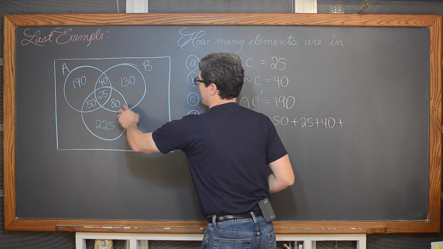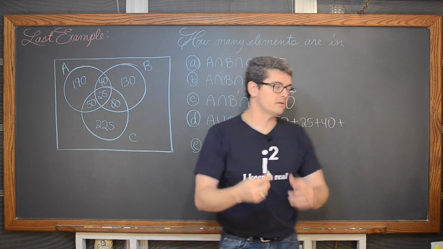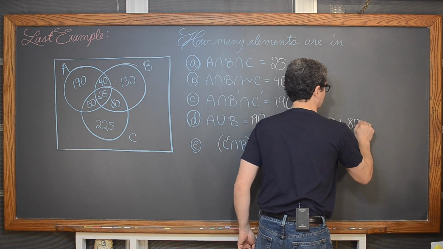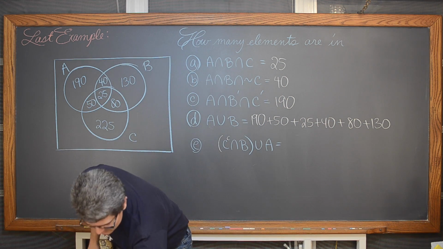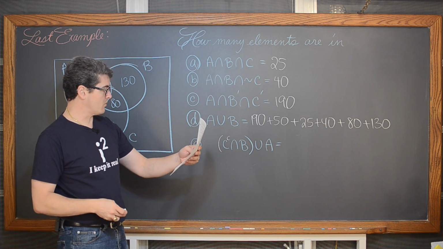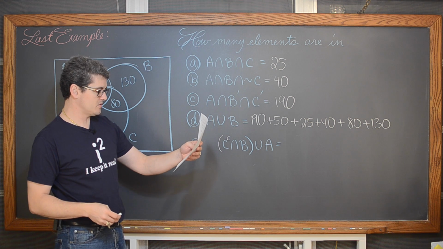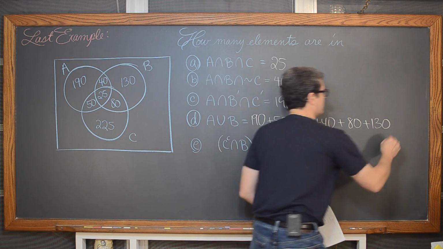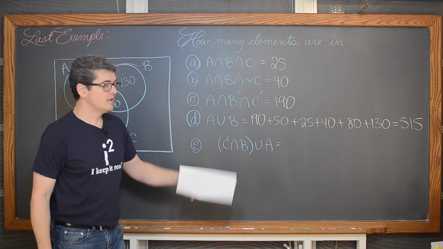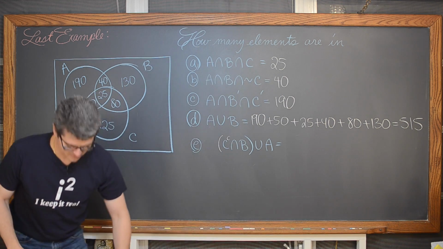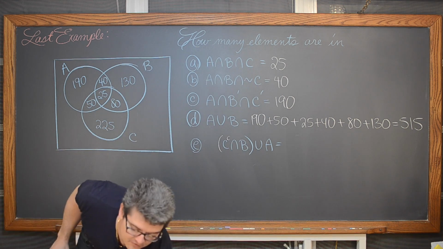We've got the 80 and an additional 130. Right off the top of my head I could add those up, but this video is already running a little bit long. That is going to be 515 elements that are included in set A or B, the union of those two sets.